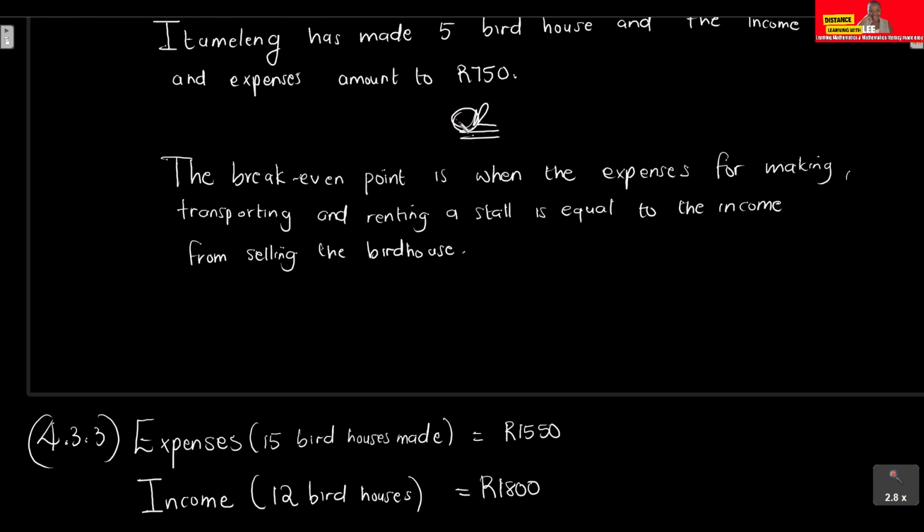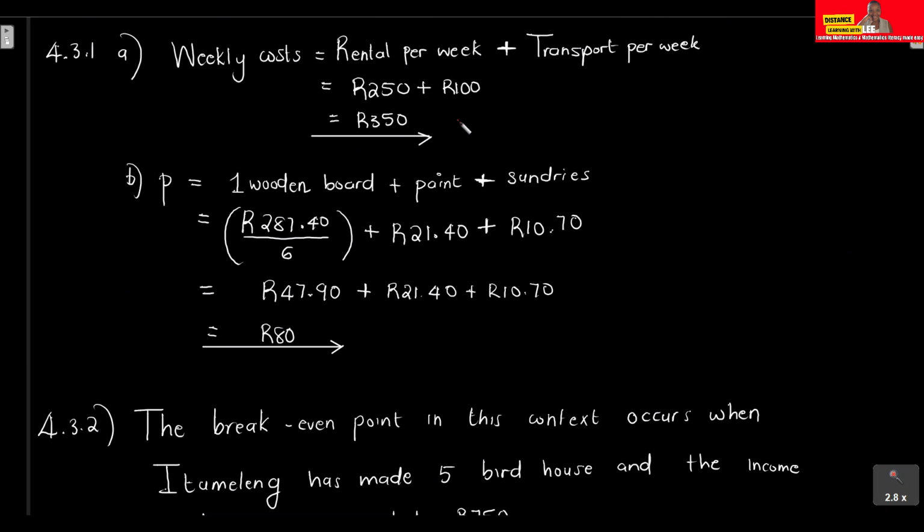I hope I managed to simplify all of these concepts for you. In question 4.3.1 A and B, I explained what a fixed cost is and what a variable cost is. Remember that variable costs are costs that change depending on how much you need to produce. Fixed costs are the expenses that stay the same in the production of your product.